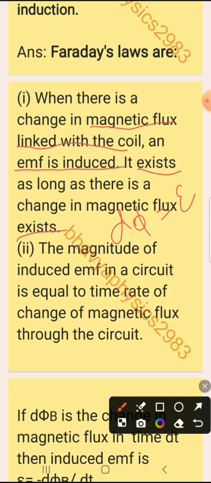The magnitude of induced EMF in a circuit is equal to the time rate of change of magnetic flux through the circuit. The time rate of change of magnetic flux can be written as d phi by dt, which is equal to the magnitude of induced EMF. This is the second point, so there are two statements in Faraday's law.